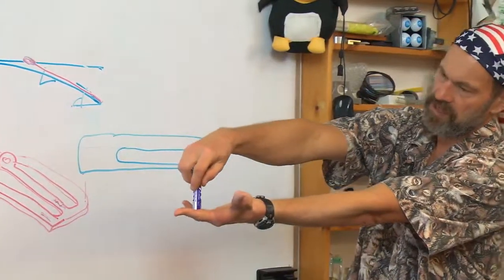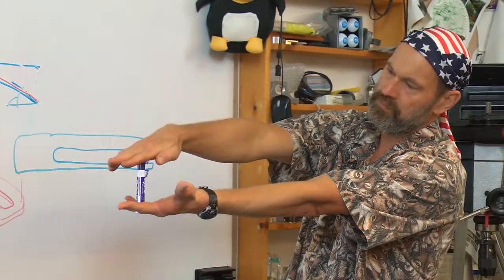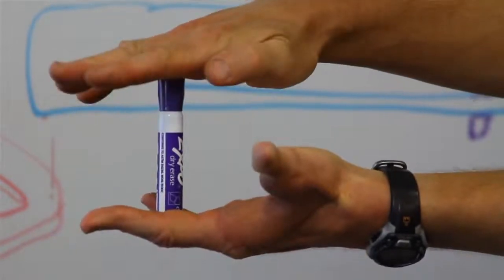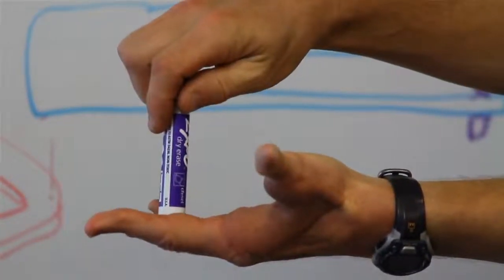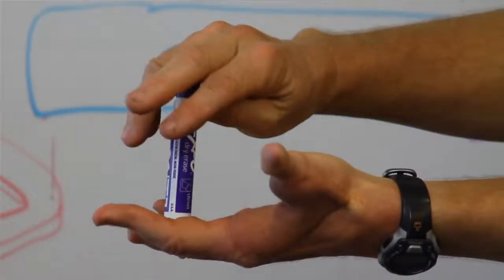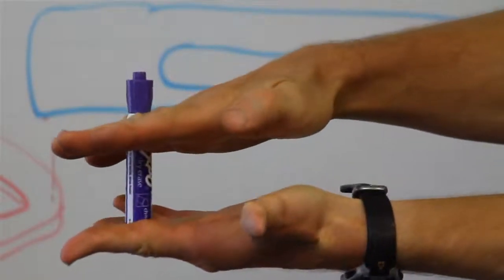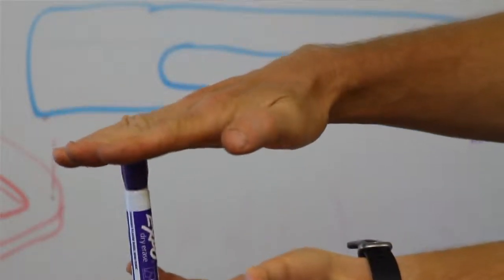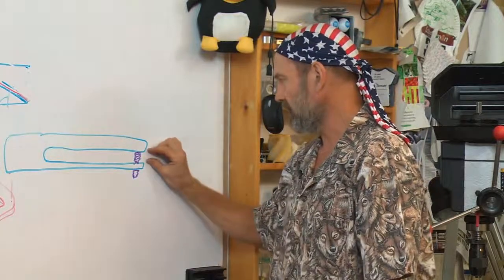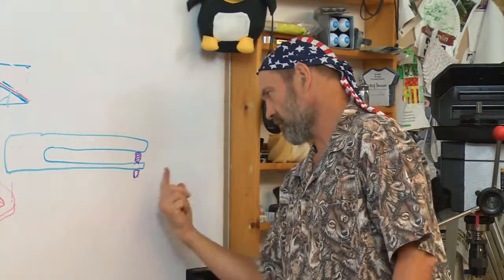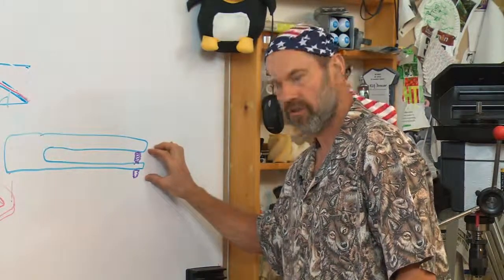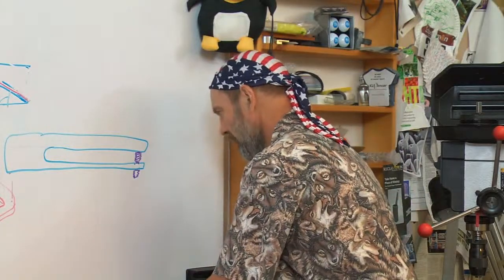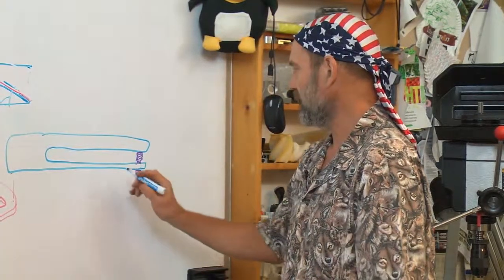So now I've got these two beams. I start like this, and now I'm going to lengthen the screw. It's going to pry these two apart as I tighten the screw here. And these beams will now spread apart.